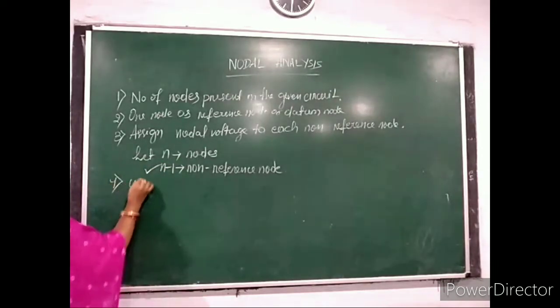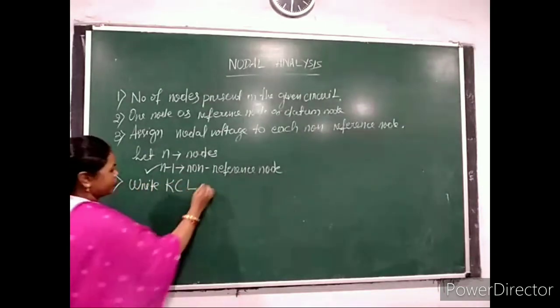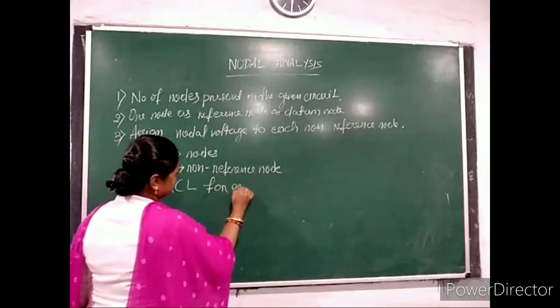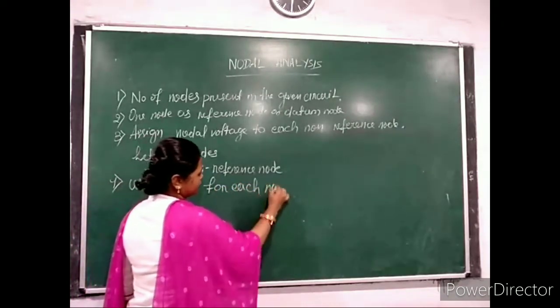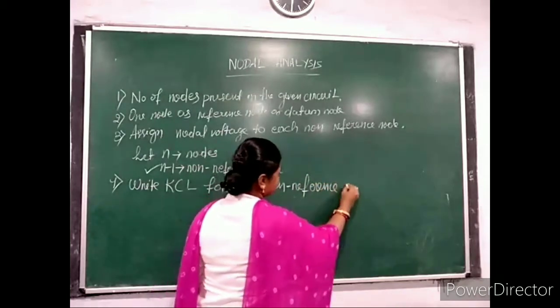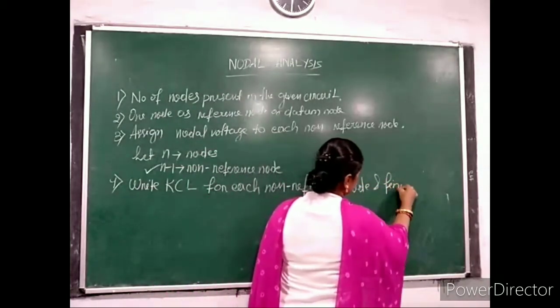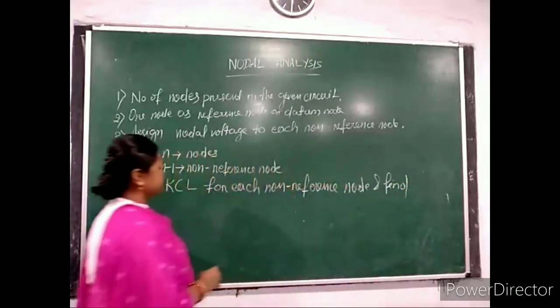Fourth one, you write Kirchhoff's current law for each non-reference node and find the KCL equation.